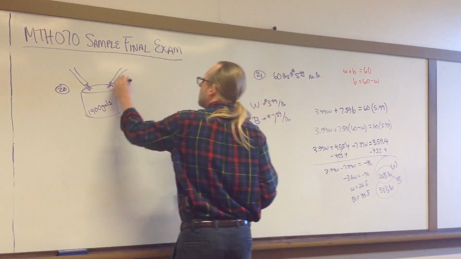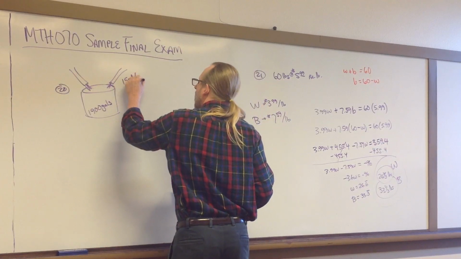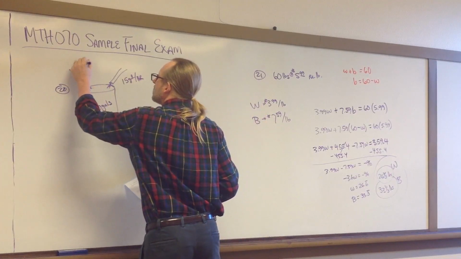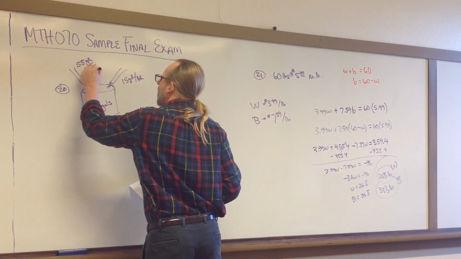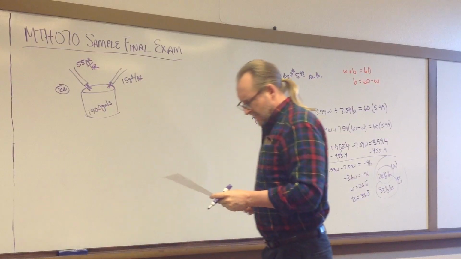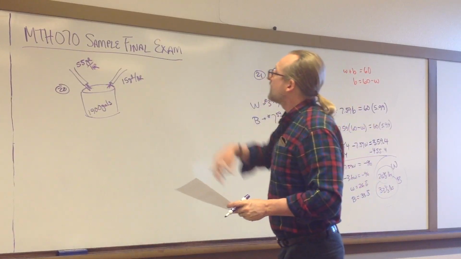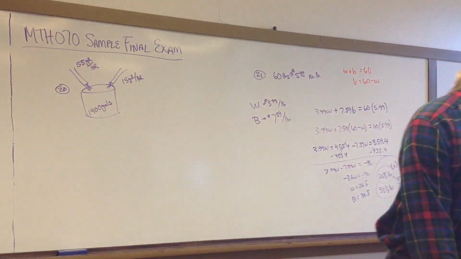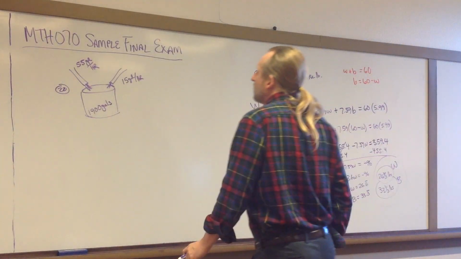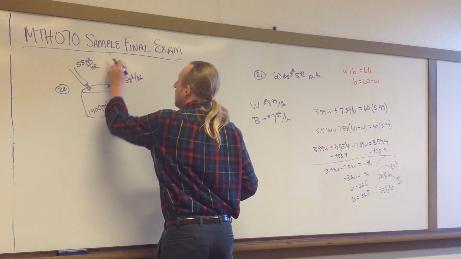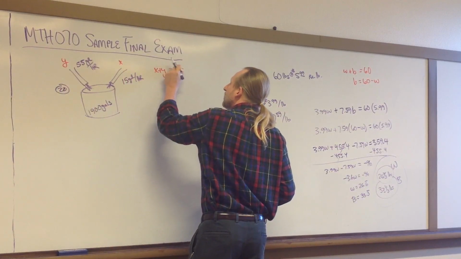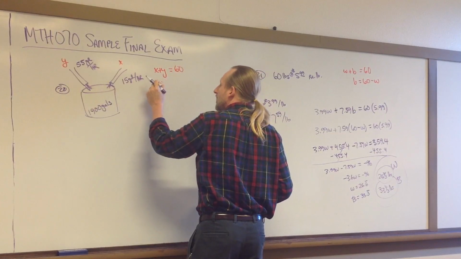One is 15 gallons per hour, and the other one is 55 gallons per hour. And we know that the 2 spigots run for a total of 60 hours. Okay, so if we call the number of hours for this one x, and the number of hours for that one y, we know x plus y has to be 60.